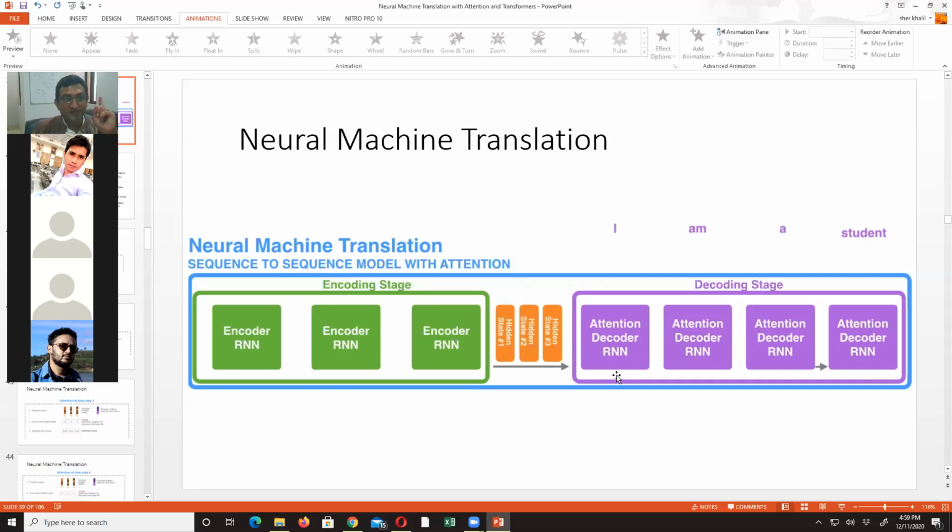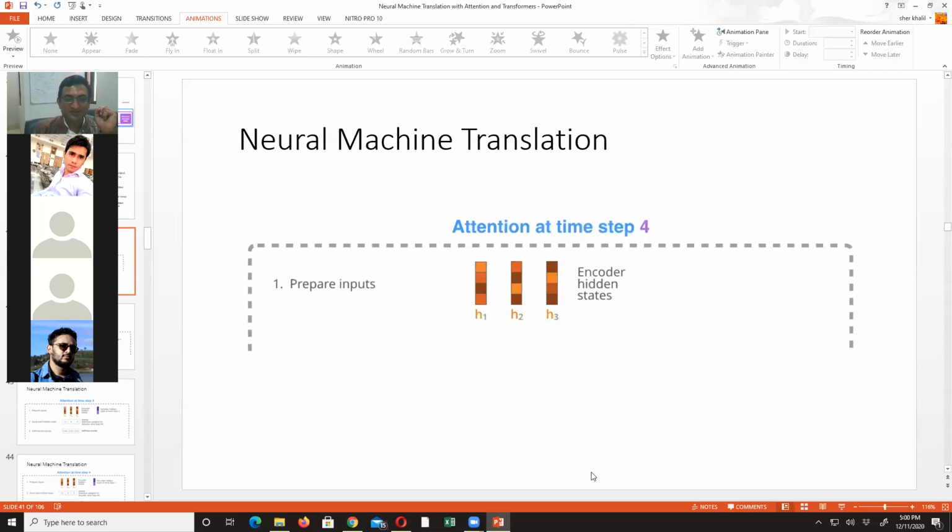So when you are training, at the input you will have the actual translation. But when you are testing, that input will be empty. We'll see that. These are very interesting concepts.